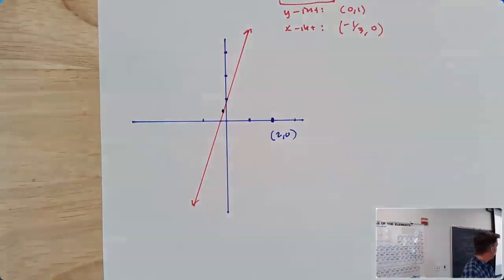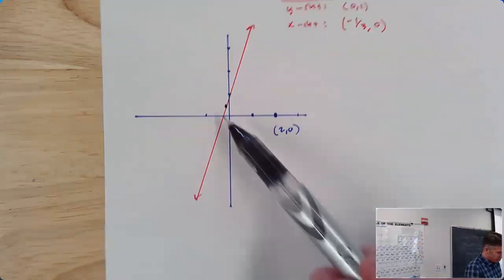So the question we're asking is what point on the line lies closest to the point (2, 0). The question we're going to actually answer is what point on the line will minimize the distance to this other point.